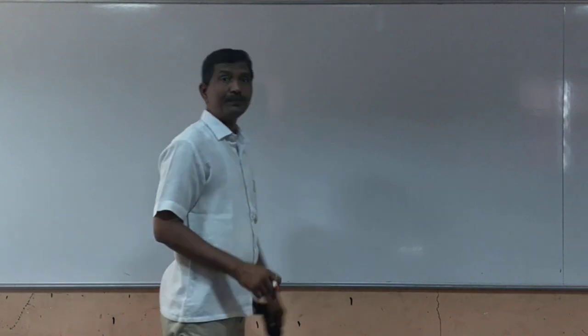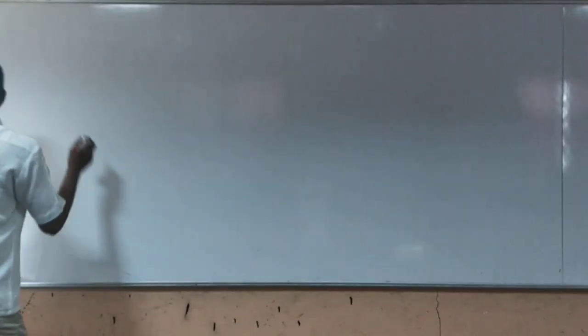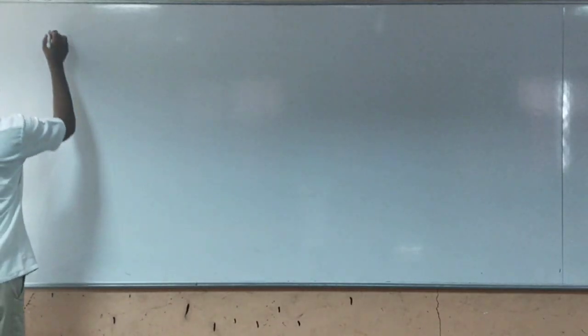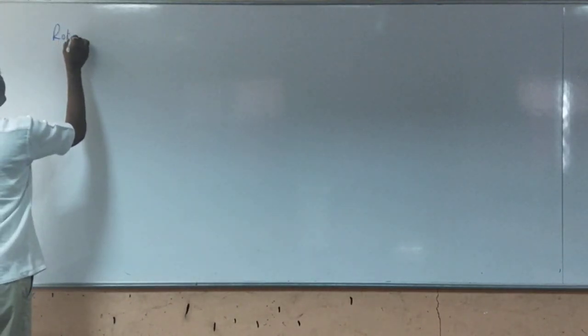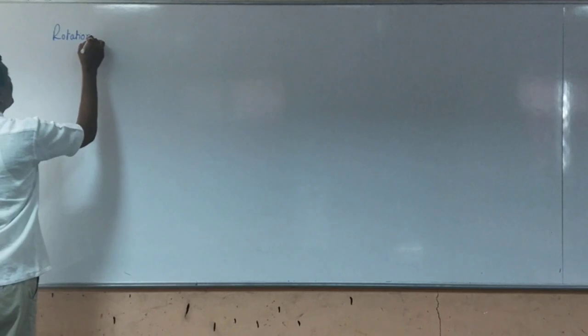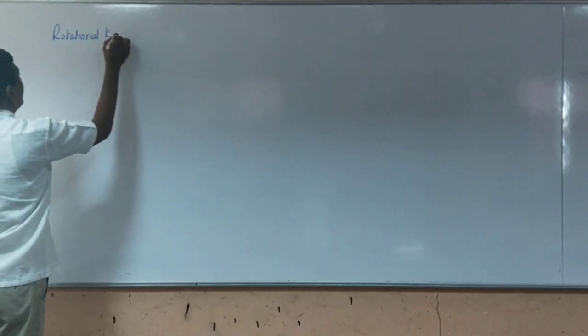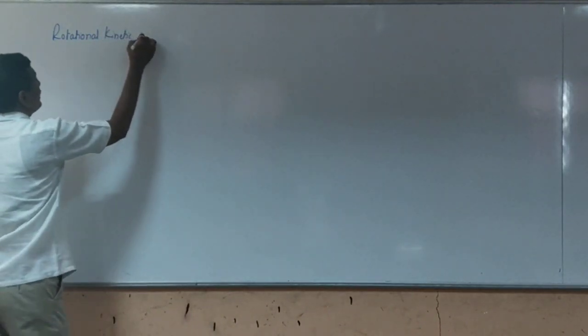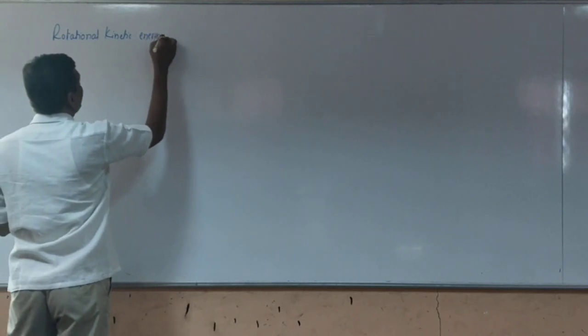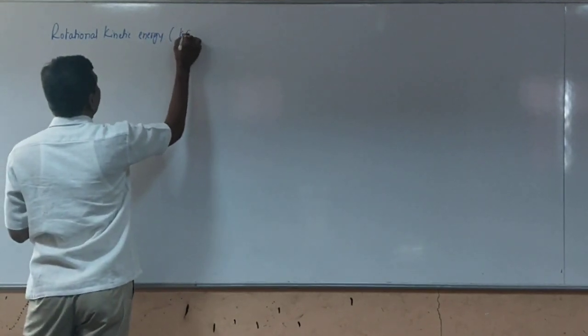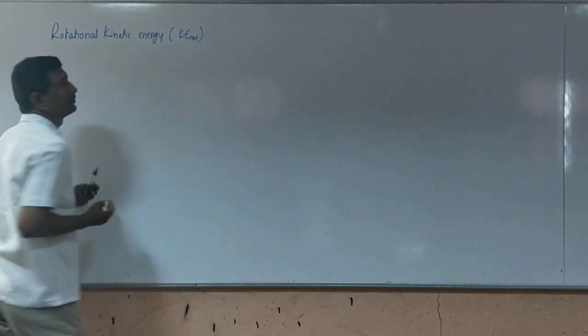So we consider a proof so that we get a clear idea about the physical quantities. Rotational kinetic energy is denoted by KE rotational, like this.